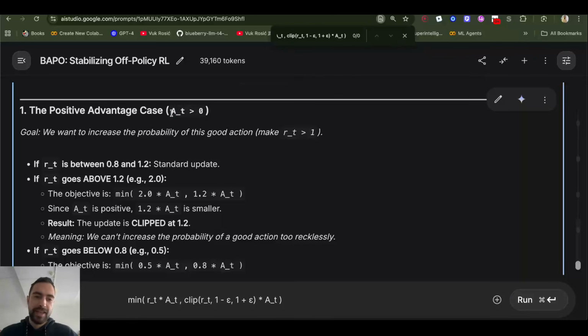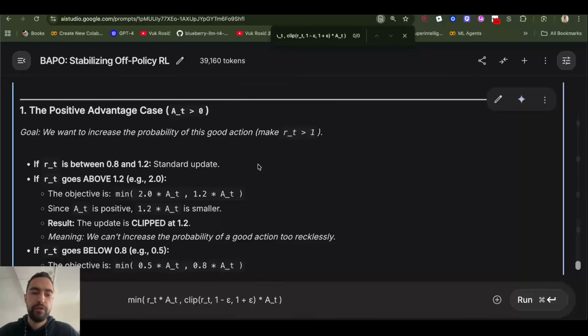The first case: advantage is higher than 0. So it means that the model performed better than expected. So it gave a positive, correct answer in this case. The goal here is to make the probability of all of these tokens increase, so they're even more likely to give a correct answer next time.